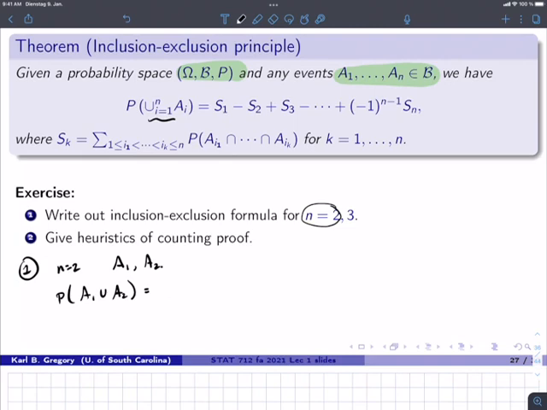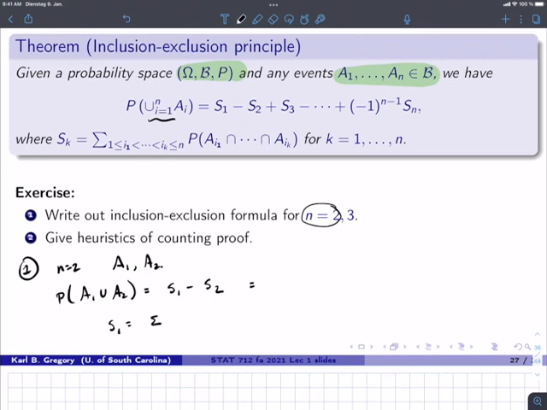So I need to put S1 minus S2 here, where S1, looking at this, is like, let's just write it out. Okay, I have a sum.